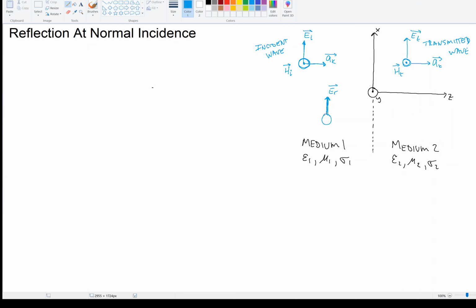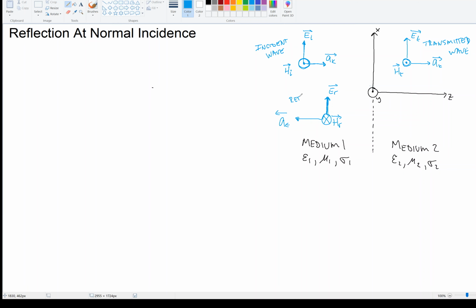And I'm not going to prove that the reflected wave is going to stay in the same direction, but you could. So you just take my word for that. A little bit of hand waving there. But now it's reflected, so the reflected wave is traveling this way. And so that means from the right-hand rule that the magnetic field now goes into the page. So this is the reflected wave.